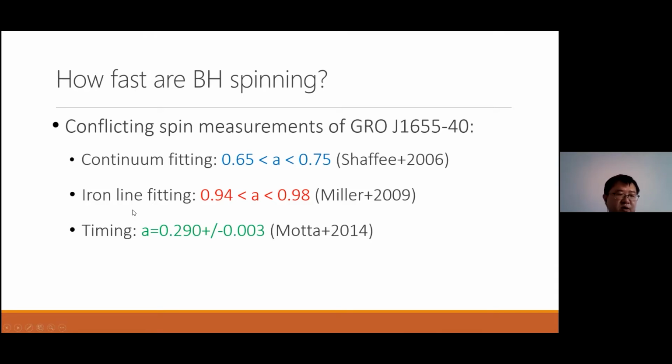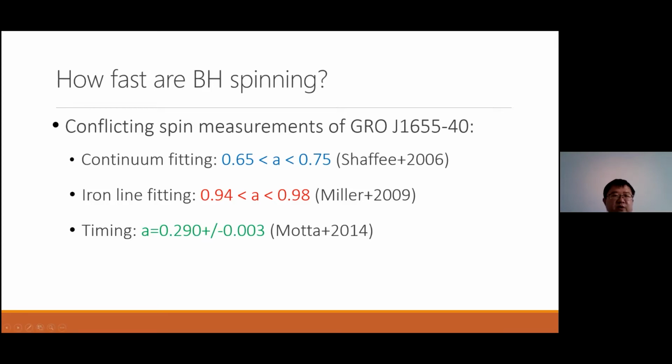And from the broad iron line fitting method, people found out that there should be a nearly extreme Kerr black hole. But from the timing method, by fitting the QPO frequency, Motta et al. found that the spin is quite low, around 0.3. And how are we going to resolve these issues? Like, how are we going to tell the geometry, the outflow velocity, and the spin of the black holes?